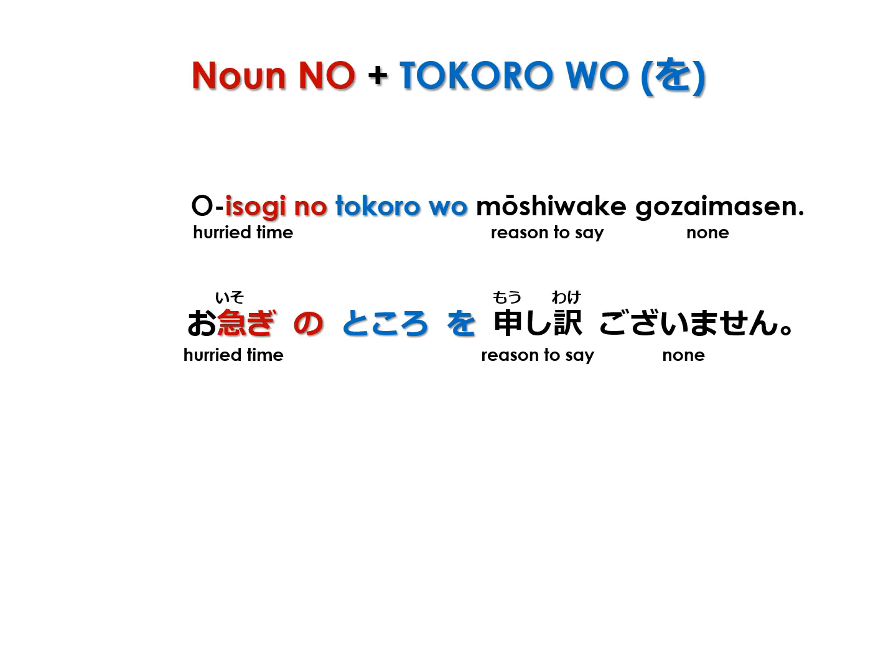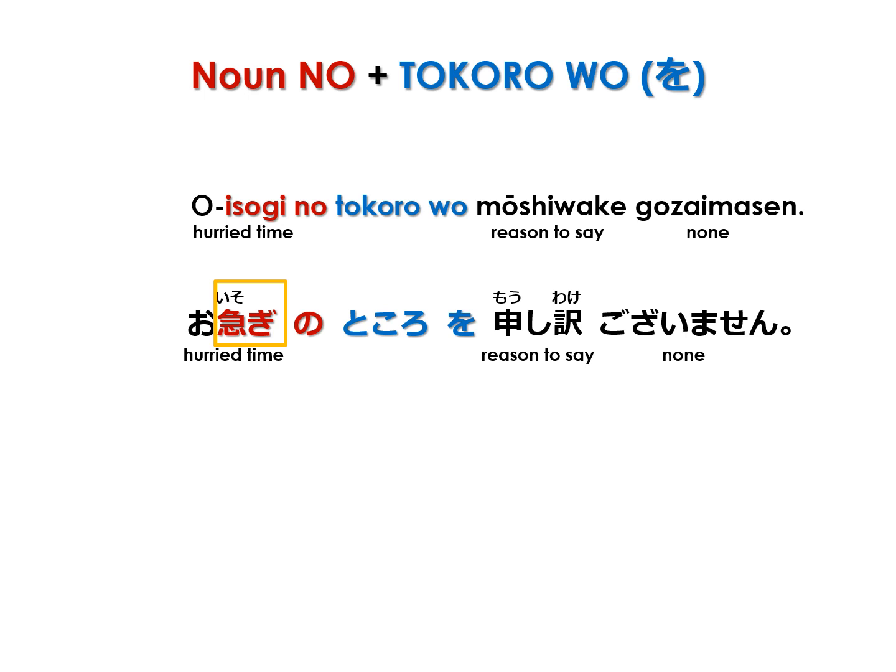And we have the same greeting using a noun. お急ぎのところを申し訳ございません。Isogi is the conjunctive form of the verb isogu, meaning to hurry. And as we said before, many conjunctives are nouns.